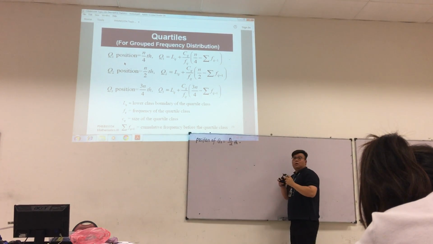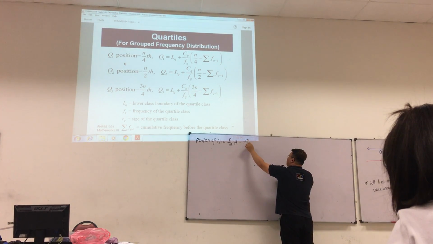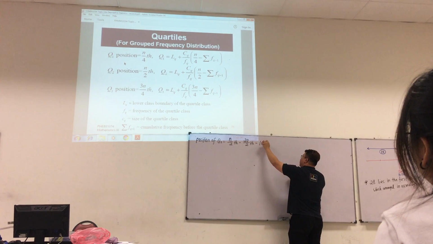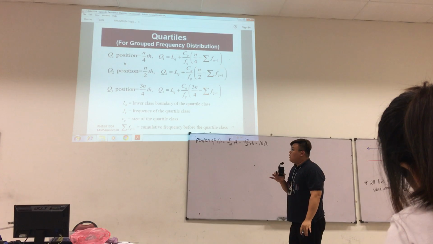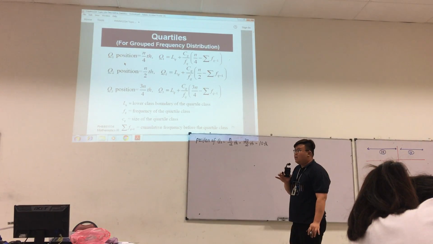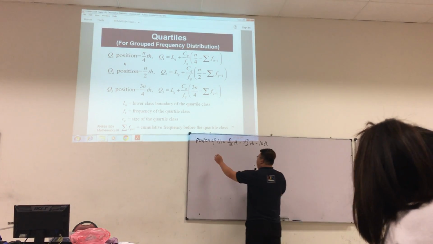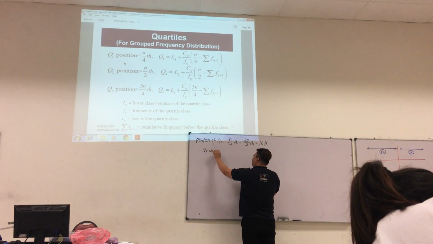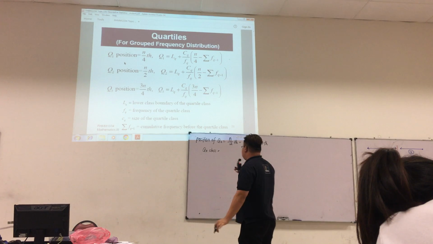So you should have 20 divided by 2, and we'll be referring to the 10th frequency. Referring to the cumulative frequency, your 10th data must be in the third class. So my Q2 class will be from 66 to 68.